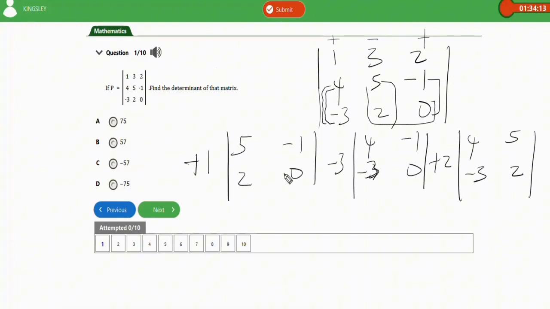Now it's going to be this will times this and this will times this. So 5 times 0 will give you 0, minus 2 times -1 give you -2. Okay, put them in brackets. So +1 is multiplying everything in brackets.